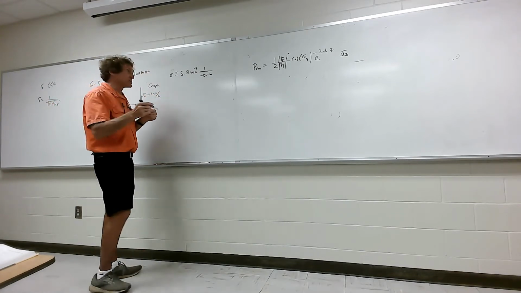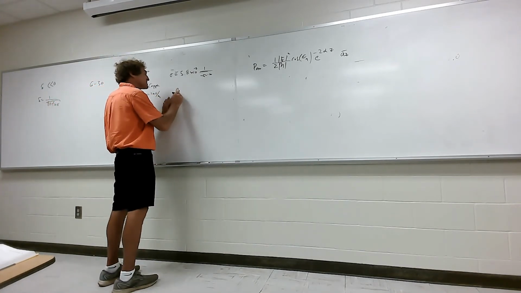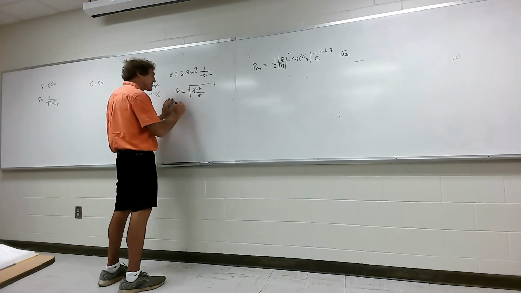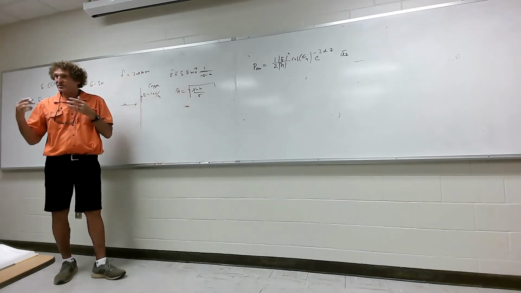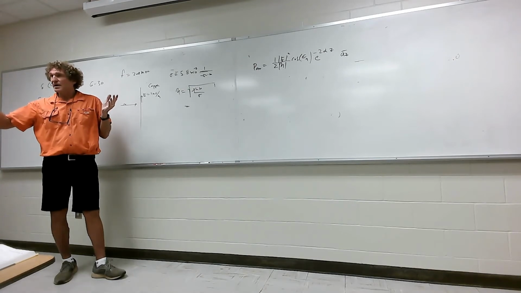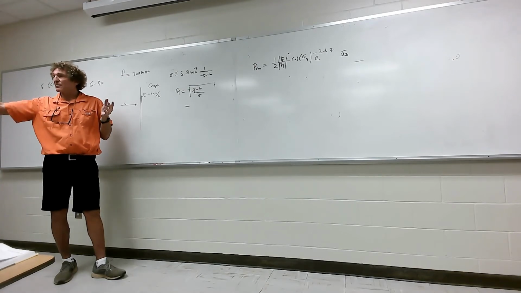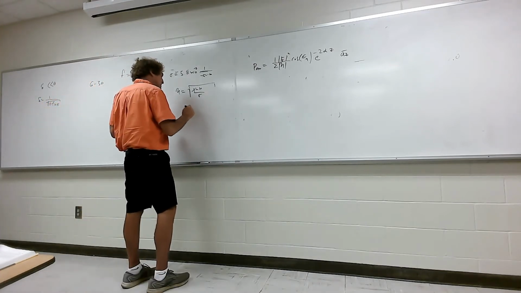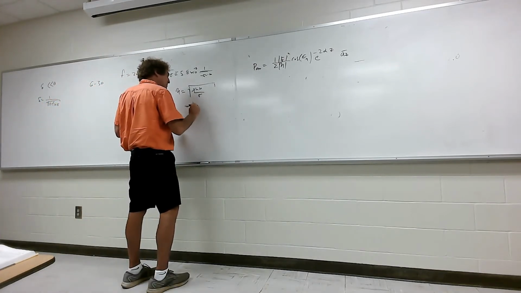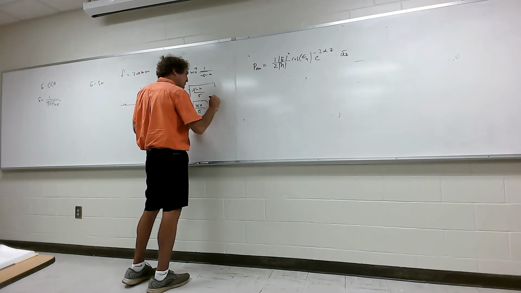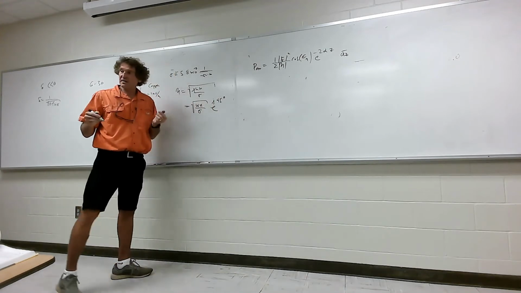The impedance is simply the square root of j omega mu over sigma. The square root of j, which is e to the j pi over 2, is e to the j pi over 4, or 45 degrees. So it's a magnitude of the square root of omega mu over sigma, at an angle of 45 degrees.